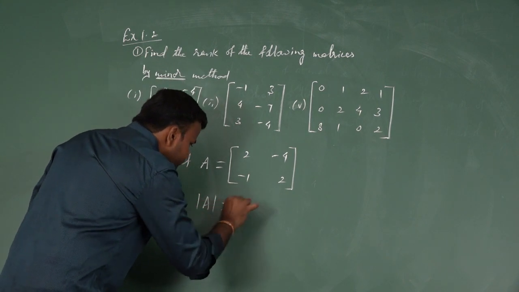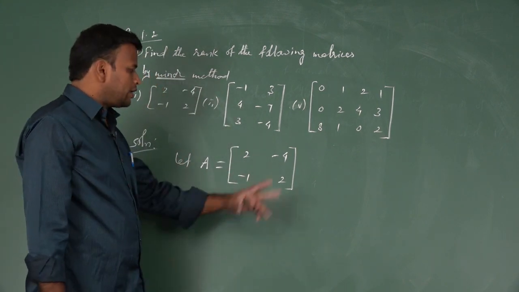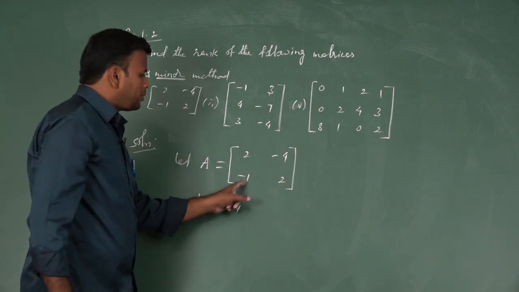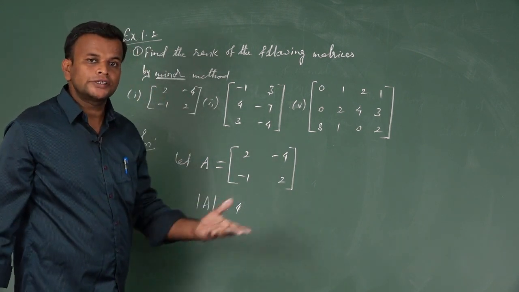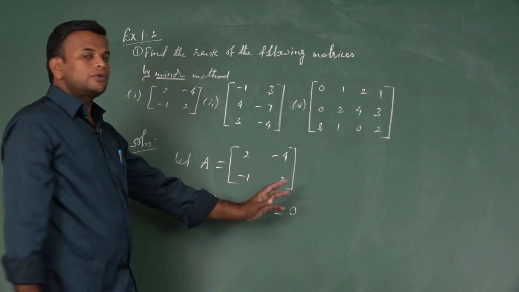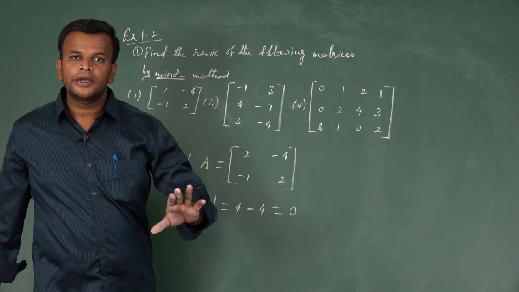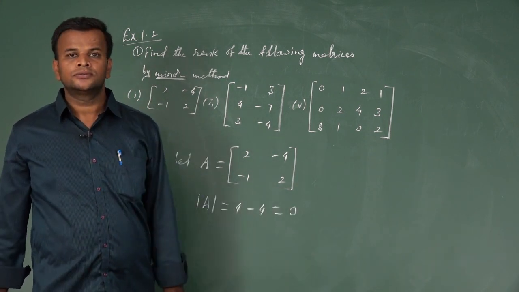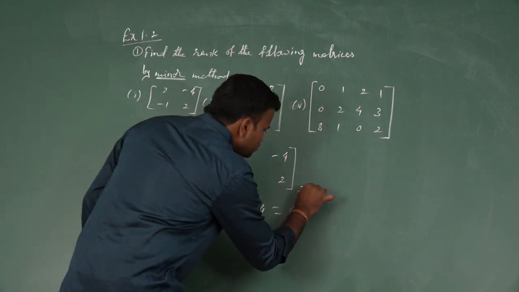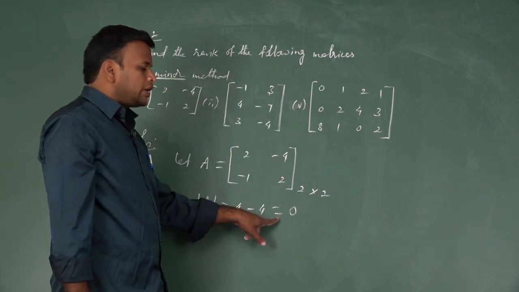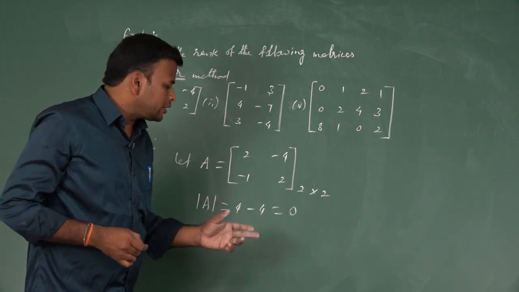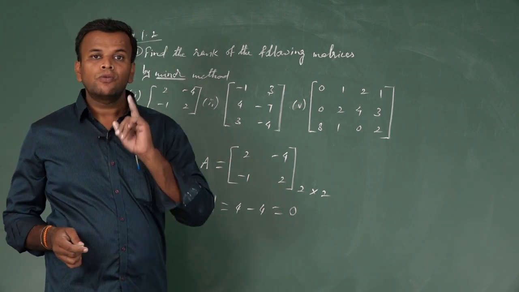Determinant of A is equal to what? 2 times 2 is 4, and we multiply the other two elements with a minus sign, so minus 4. The determinant value is equal to 0. Therefore, the rank of the matrix cannot be 2, whose order is 2 by 2. If the determinant value is non-zero, the rank is 2; if the determinant value is 0, the rank is 1.